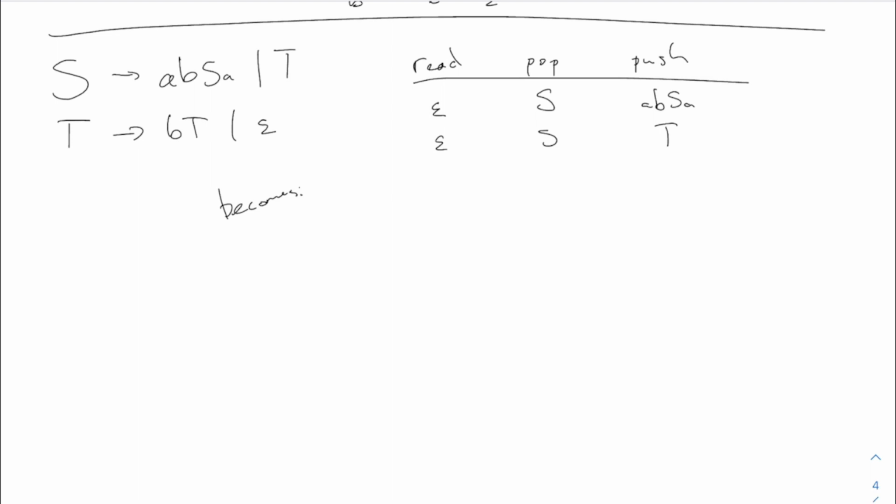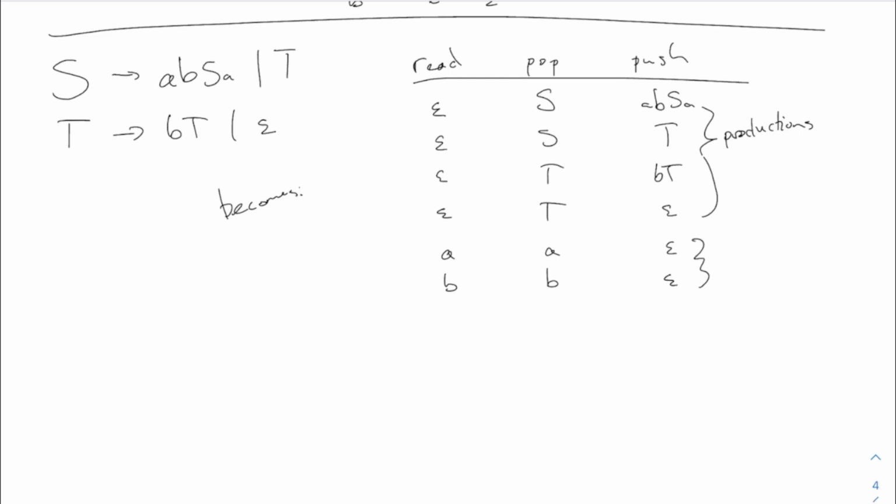T goes to BT. That becomes epsilon, T, BT. And then T goes to epsilon. Becomes epsilon, T, epsilon. All right? So those are the production rules. And then we have special rules like this, which is the other type of rule that I said. So these ones here are the productions.